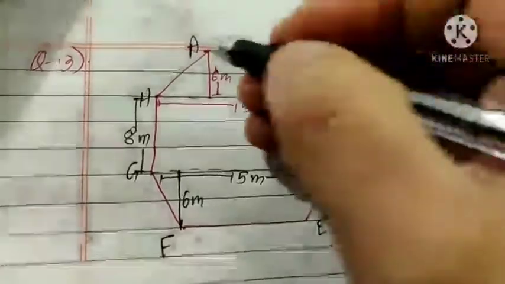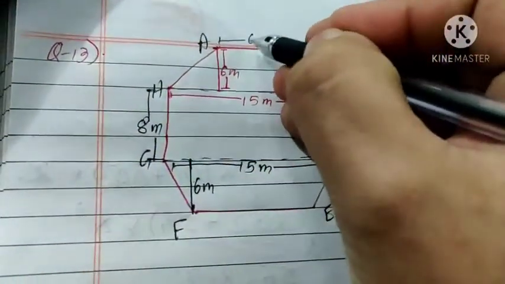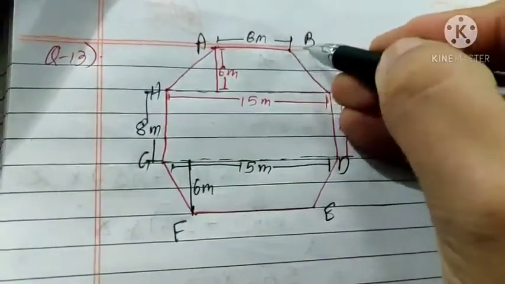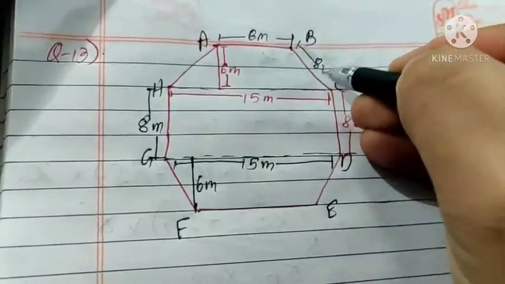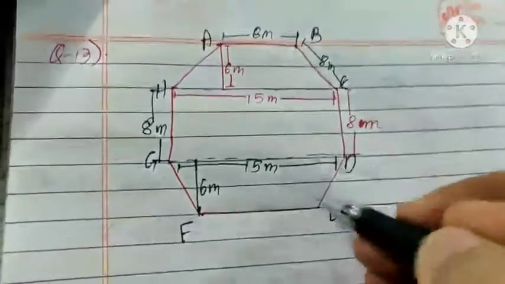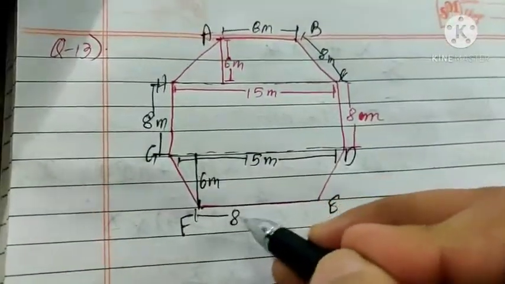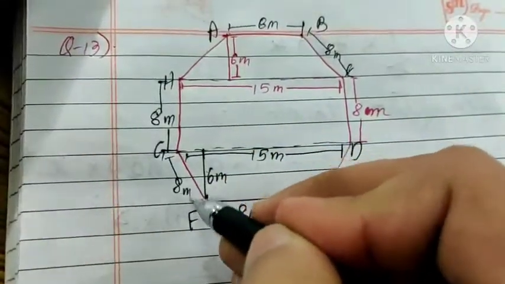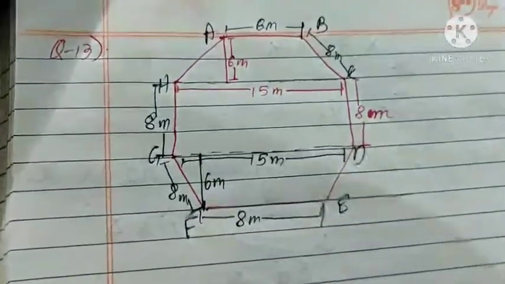This is a regular polygon, so all its sides will be 8 meters, like this side is 8, so this will also be 8. So all its sides will be 8 meters.